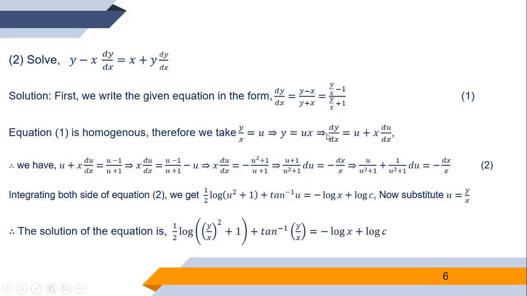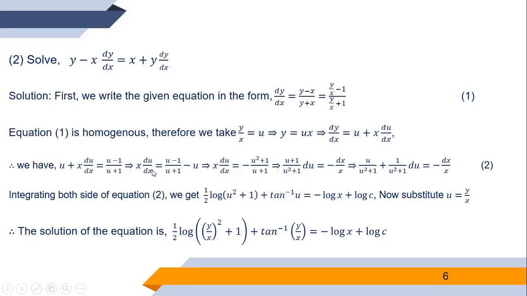So now we replace this form of dy/dx in equation 1. Then we can say u + x du/dx = y/x, which is u, so (u minus 1) upon (u plus 1). So this implies x du/dx = (u minus 1) upon (u plus 1) minus u.